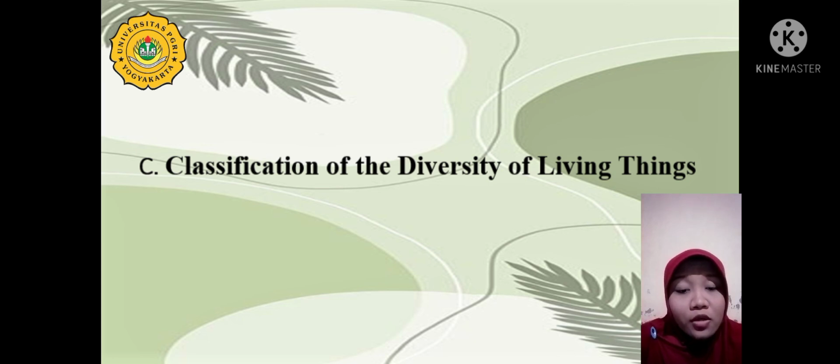B. Analogous. Two organs are said to be analogous if they perform the same function. For example, fish gills and lizard lungs have the same function, namely as a means of breathing.